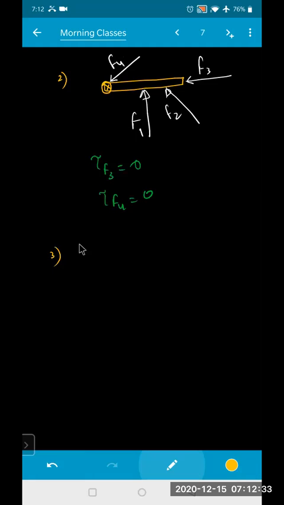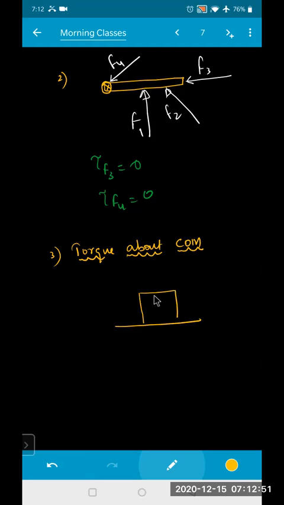Okay? The next one is torque about the center of mass. Say, for example, this is your block, and you are applying a force on it, not exactly from the center but somewhere else.